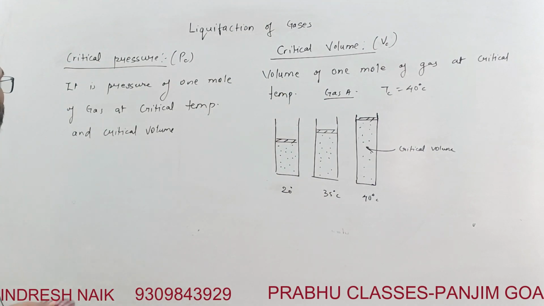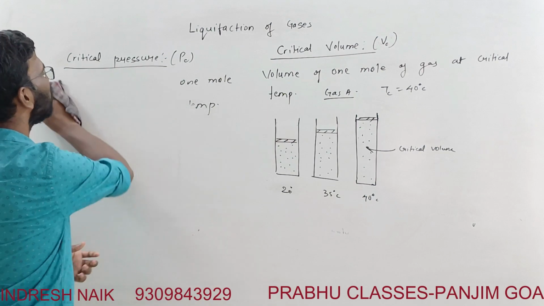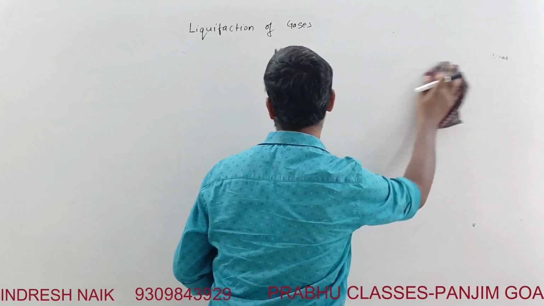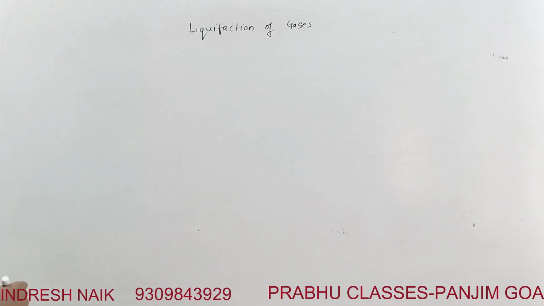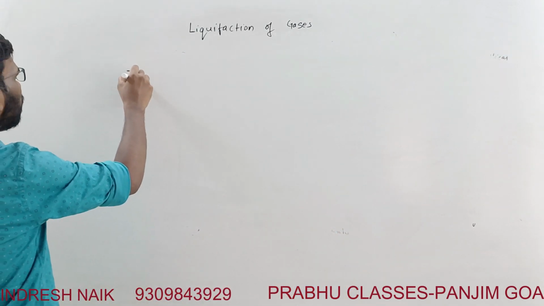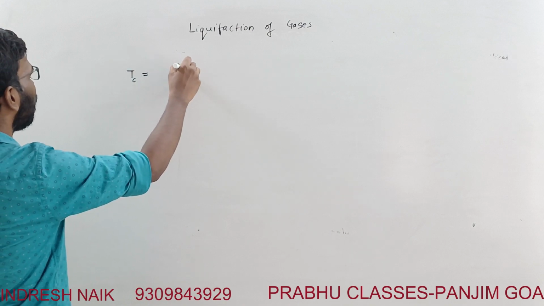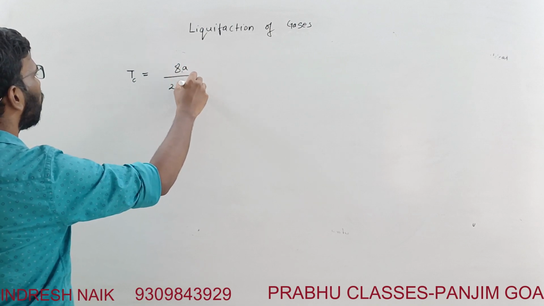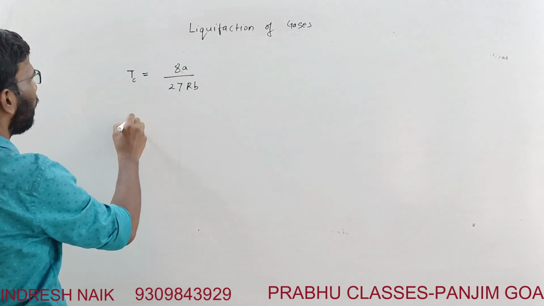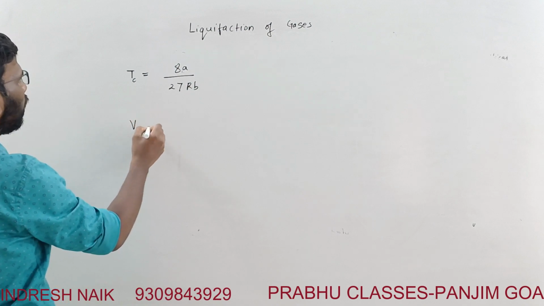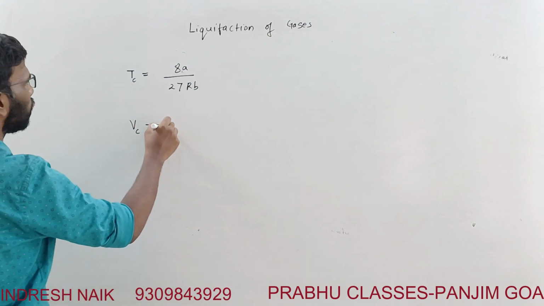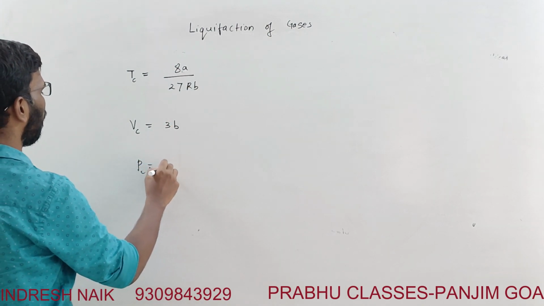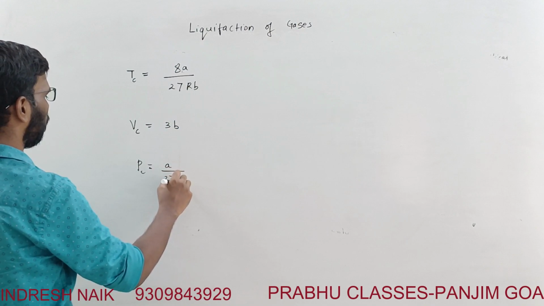Now let's learn the relationship between the Van der Waals constants and the critical temperature, critical volume and critical pressure. The critical temperature TC is given as 8a by 27Rb. The critical volume VC is given as 3b, and the critical pressure is given as a by 27b squared.